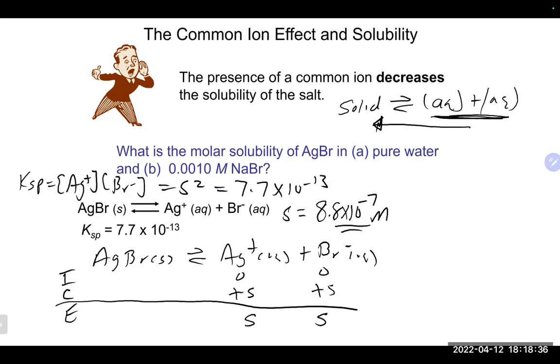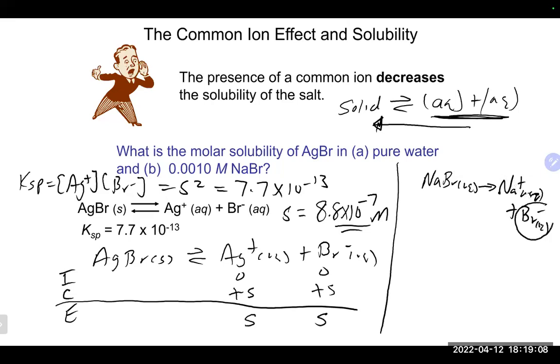Now, what happens if we throw this into a solution that also contains sodium bromide? The sodium bromide, which is a salt, will break apart into a sodium ion and a bromide ion. Our common ion in this case is the bromide.